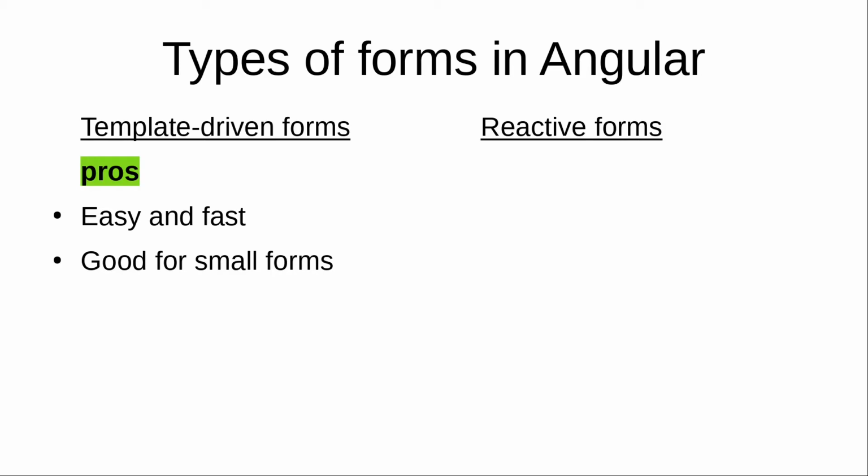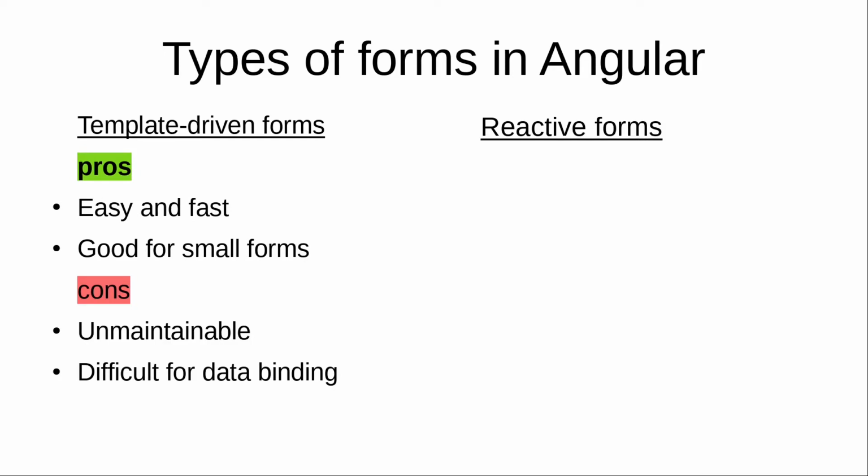The pros: they're easy and fast, and you don't have to go to the controller and import anything or declare any kind of variable, and they're good for small forms. Why is that? Because if you've got a big form, it'll make your HTML very messy. And there are cons, as I said: unmaintainable for big projects, and they're difficult for data binding.